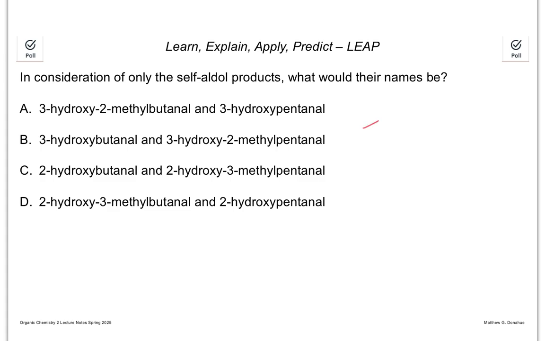I think we did one of these already. So that was 3-hydroxybutanal. So I think I only see that in choice B.